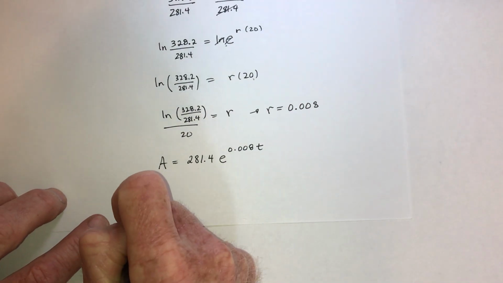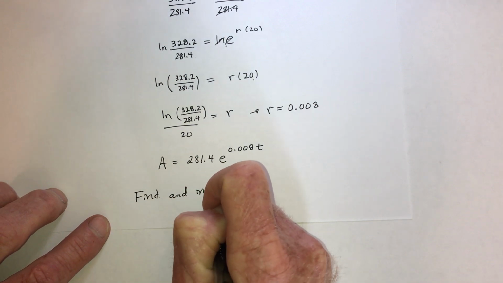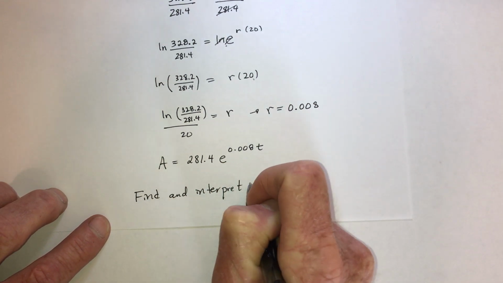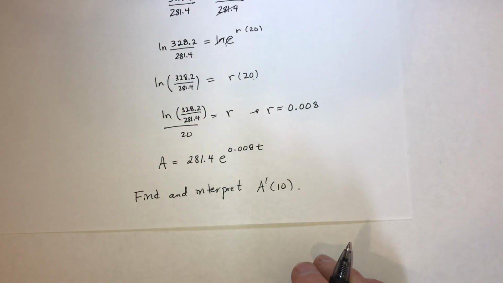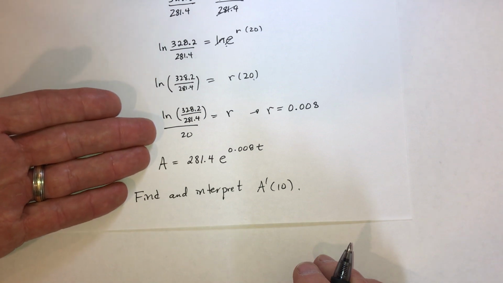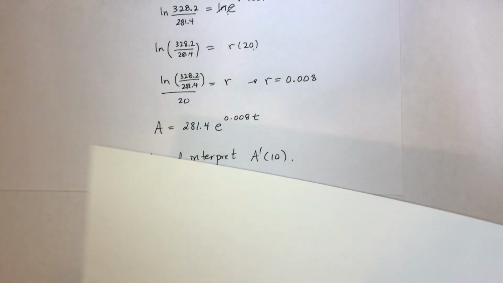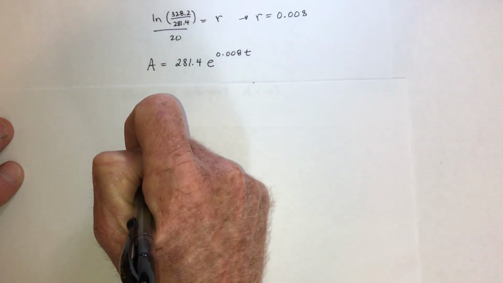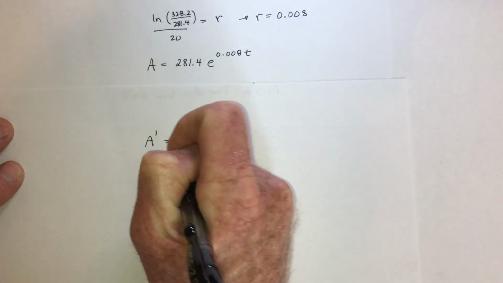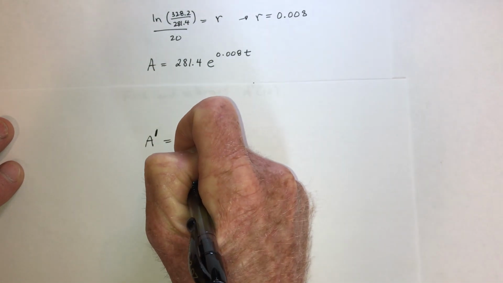Now, for the calculus part, because all of this has been pre-calculus. So now finally, it's time to do a derivative, which is the calculus part. So find the derivative. That is the easy part, because the derivative for the e function is just itself.